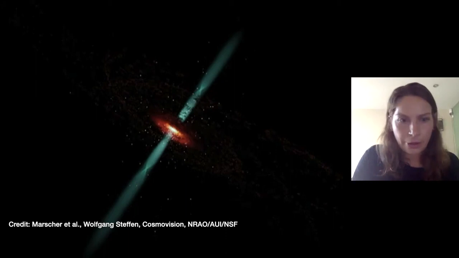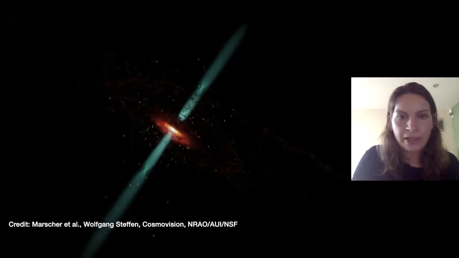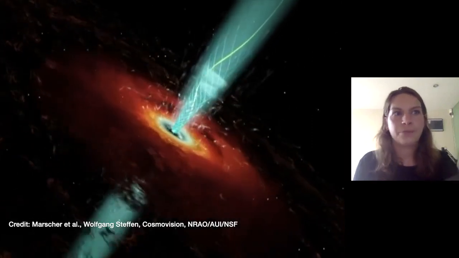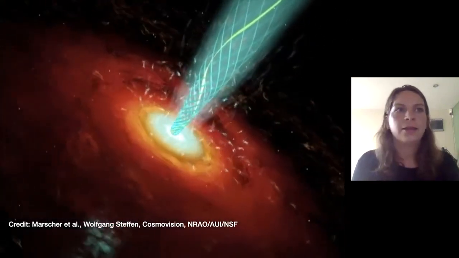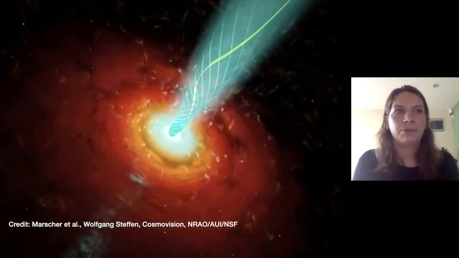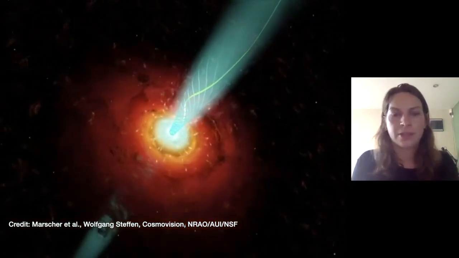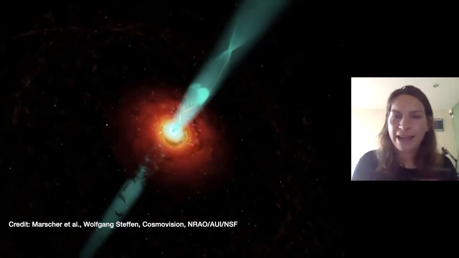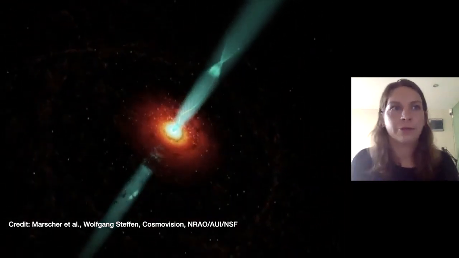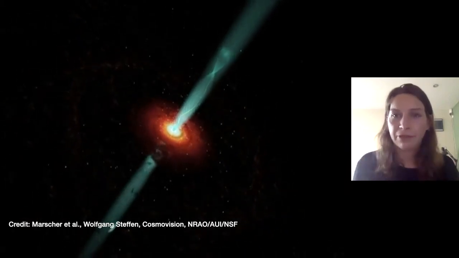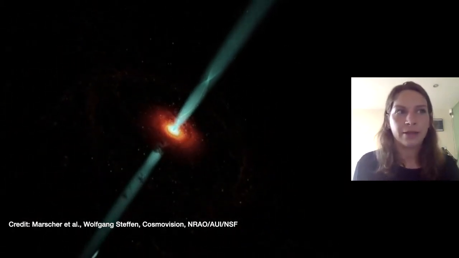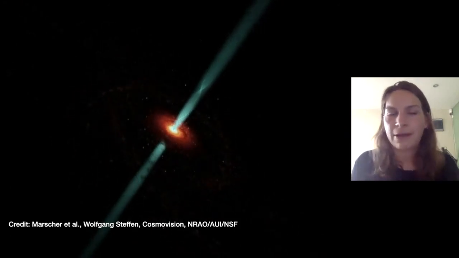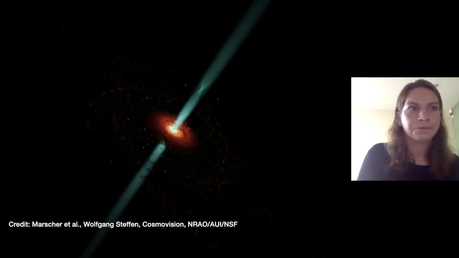What we can see in this video is our elliptical galaxy, and the reddy orange color is showing us all the light from dust and stars as it falls towards the black hole. The greeny blue emission is our radio light from the electrons being thrown outwards and giving off photons at radio wavelengths. We can also see the magnetic field lines around which these particles are spiraling.